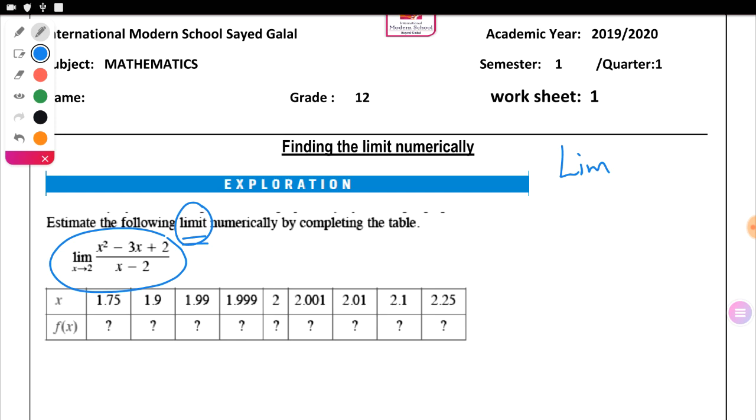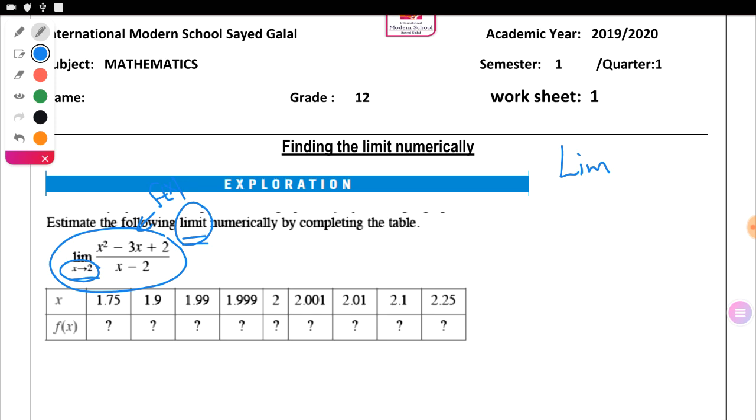For example, limit of x squared minus 3x plus 2 over x minus 2, the limit of this rational function f(x), when x approaches 2.